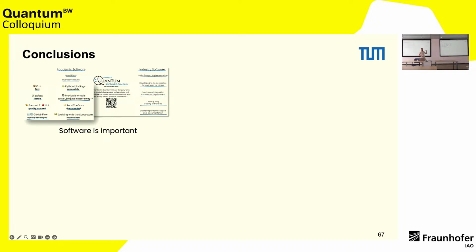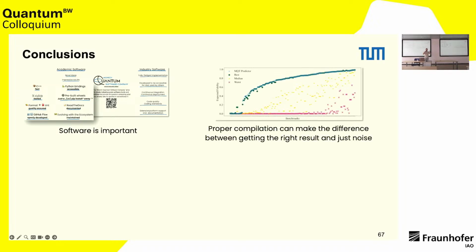We need to build the proper software to make all of this work. In that whole software part, compilation is really a key area, and choosing the right options, choosing the right compiler, knowing what you're doing is absolutely key and makes the difference between the successful execution or just getting random noise.